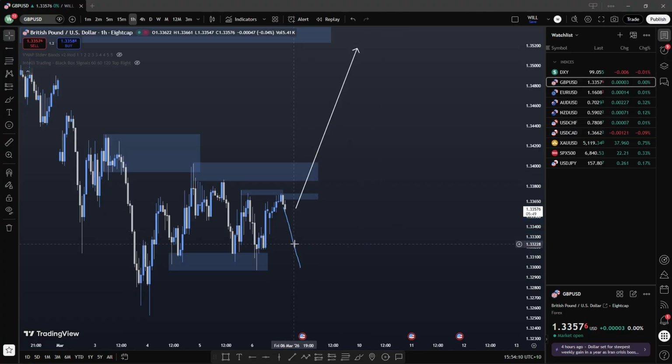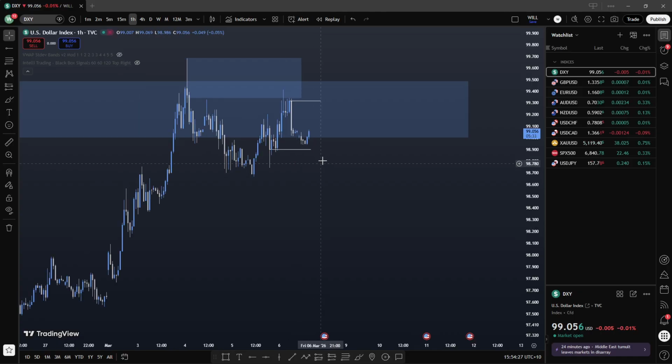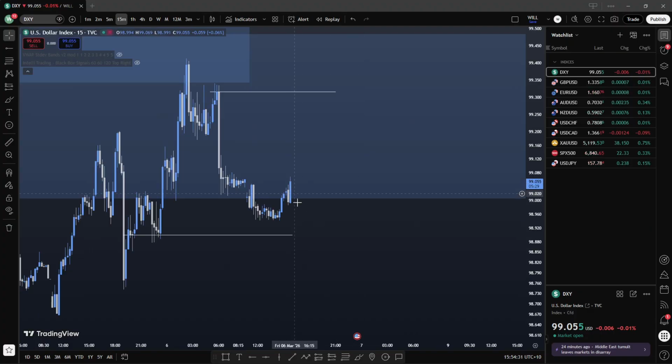So that would be the sort of scenario that I would be looking at. It's a little bit tricky because you don't have too much time on the lower time frames to be waiting for such large confirmations on the higher time frames. And if you really want to be aggressive, then you can enter a position, you know, just say we get a 15-minute close, a really nice rejection candle here, then a 15-minute bearish momentum candle to the downside.